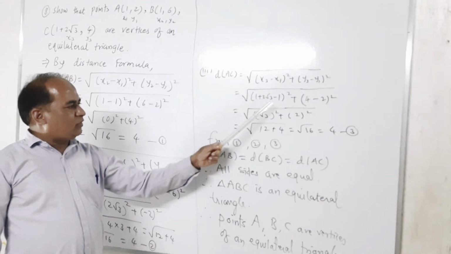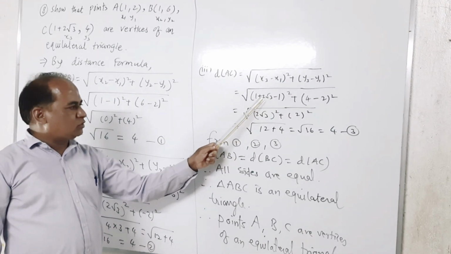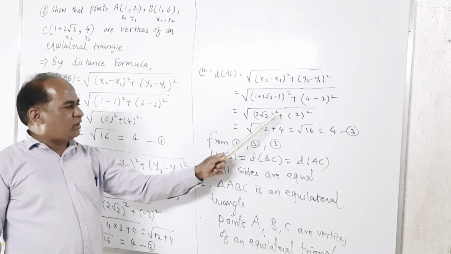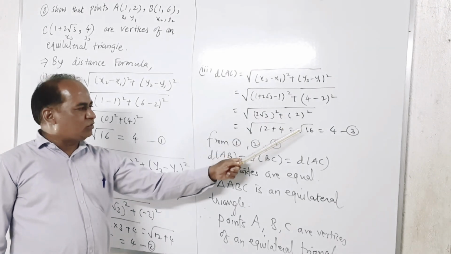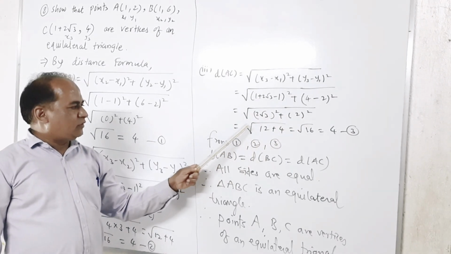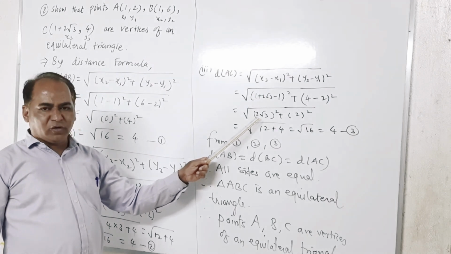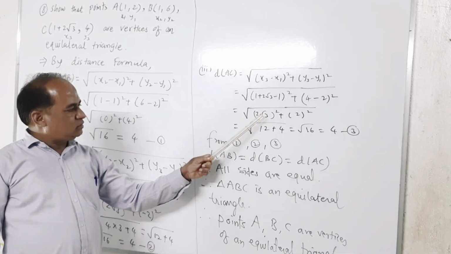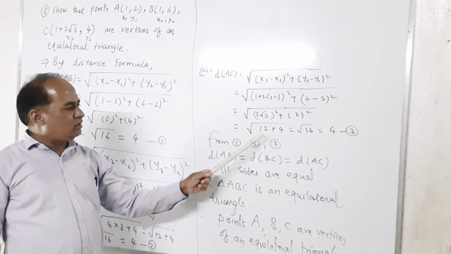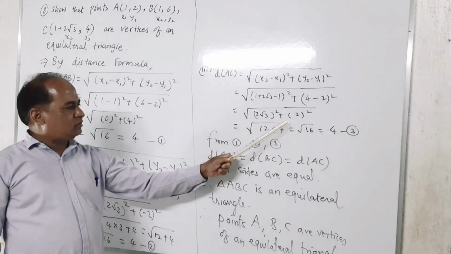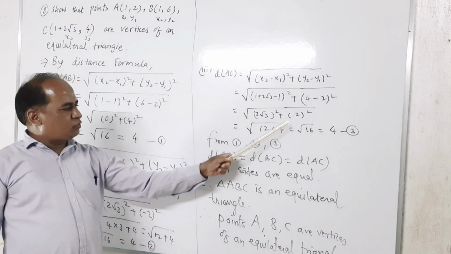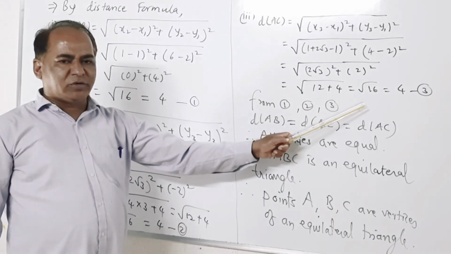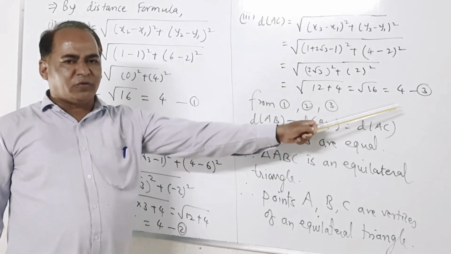Therefore here 1 minus 1 is 0, so (2 root 3) square plus (4 minus 2) is equal to 2 square. Therefore 2 square is 4 and root 3 square is 3, 4 threes are 12, 12 plus 2 square 4, 12 plus 4 is equal to 16, root 16 is equal to 4.